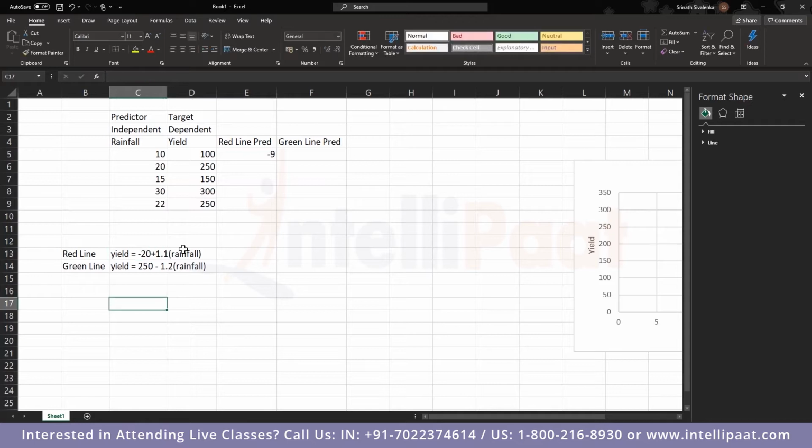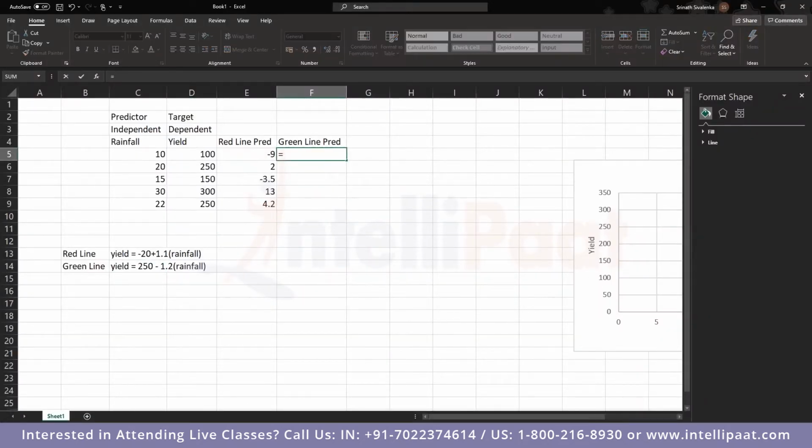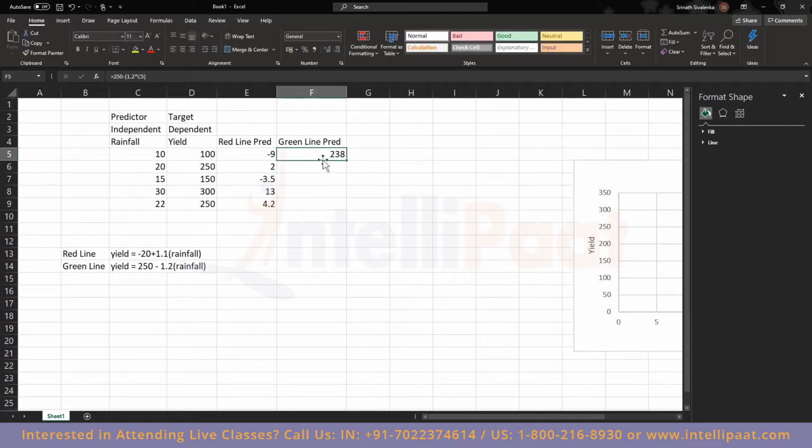Okay, let's not worry about it too much. And on the green line prediction, this is going to be 250 minus 1.2 times your rainfall, which is this, 238. That's the prediction of your green line.